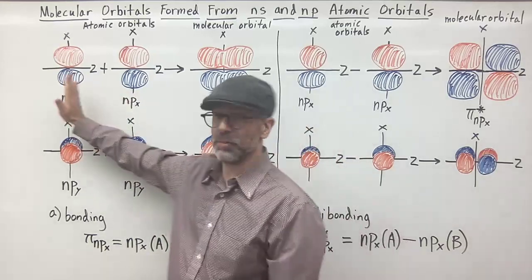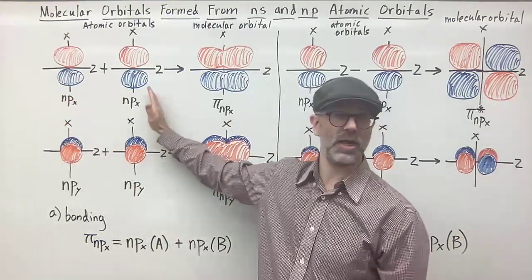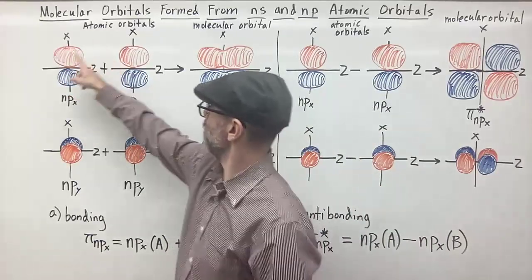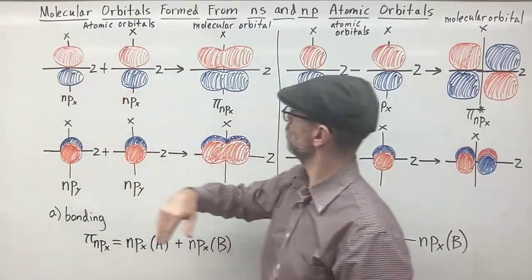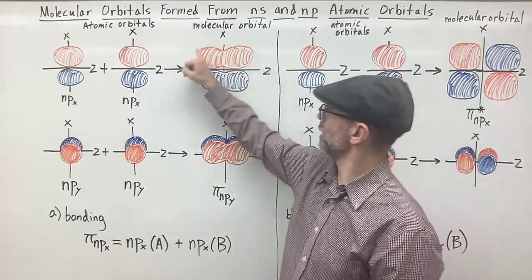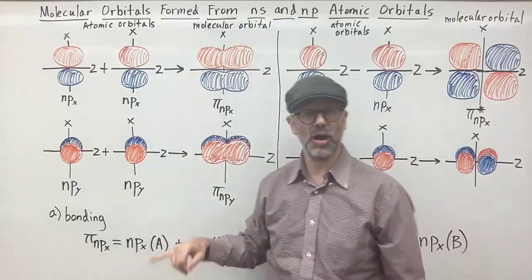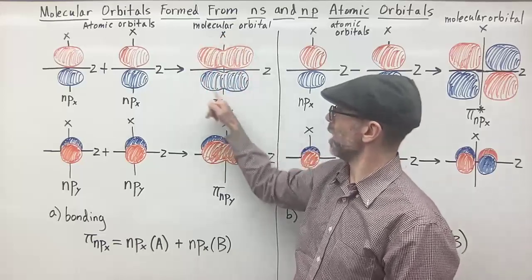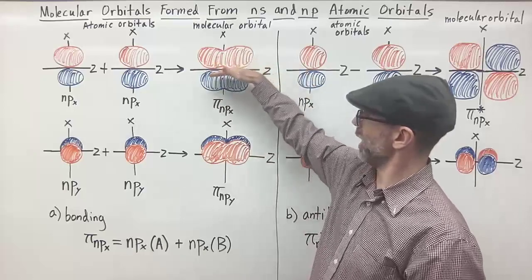If you have the px on one atom and the px on another atom, and they add together, with positive and positive being summed, that leads to an overlap of electron probability density on the top as well as on the bottom of the plane of the YZ axis.